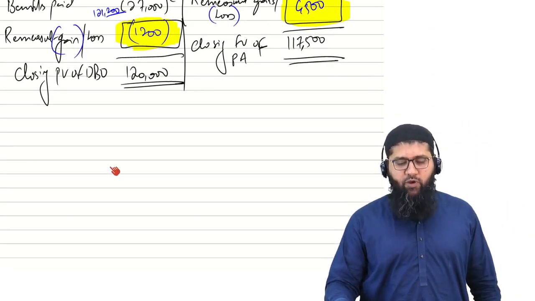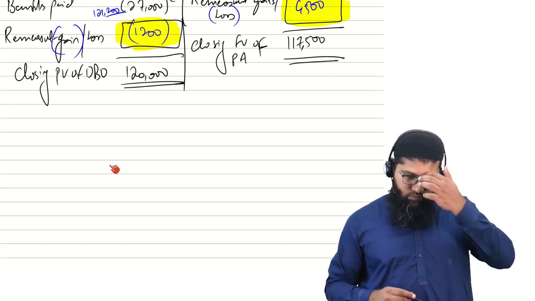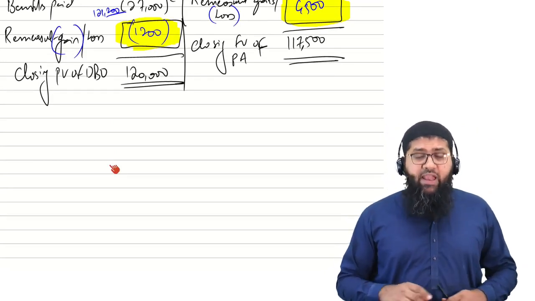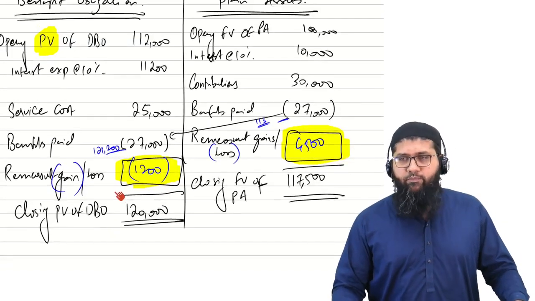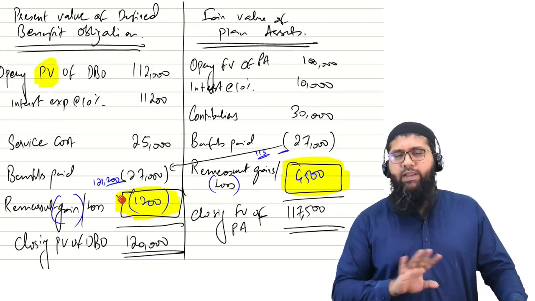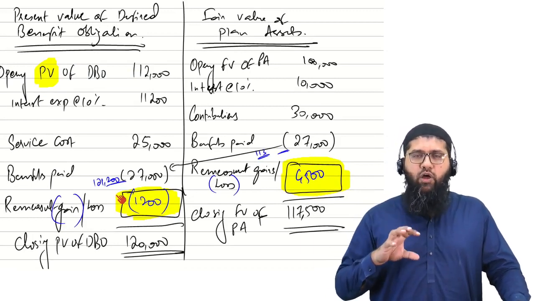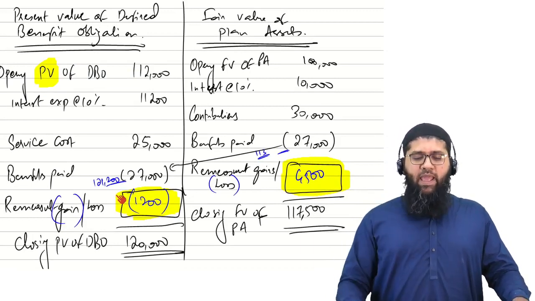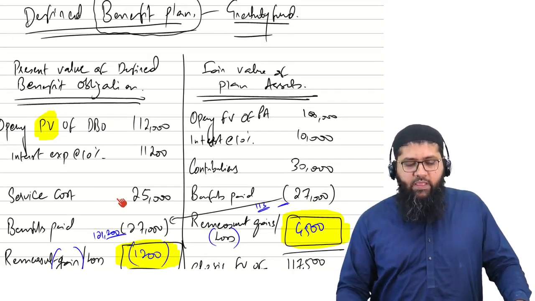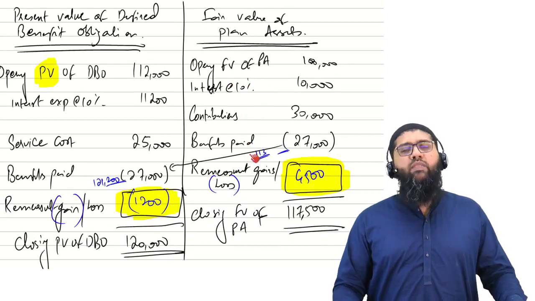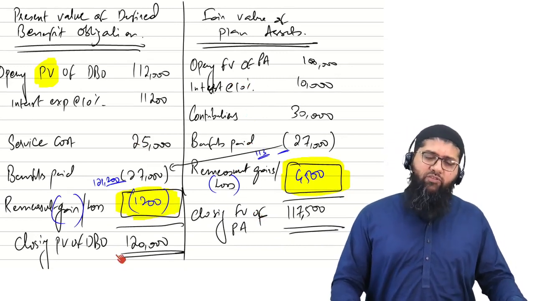Now, let's move a bit forward. Still, we have not performed any accounting for the company till now. I just told you that before you account for a defined benefit plan, the first thing you have to do is perform a reconciliation of the plan assets, the fund assets and the fund obligations.